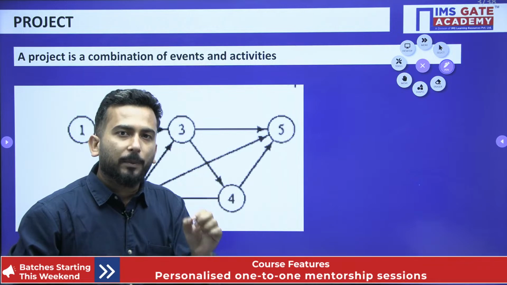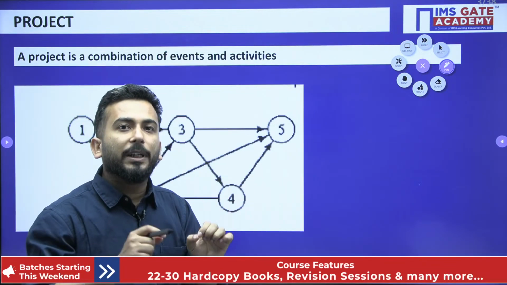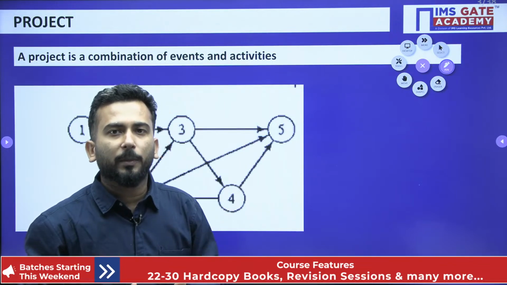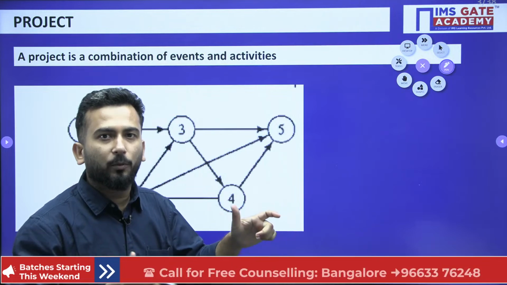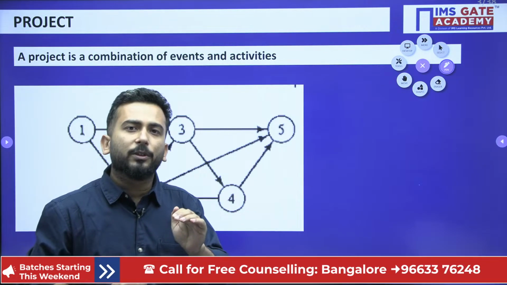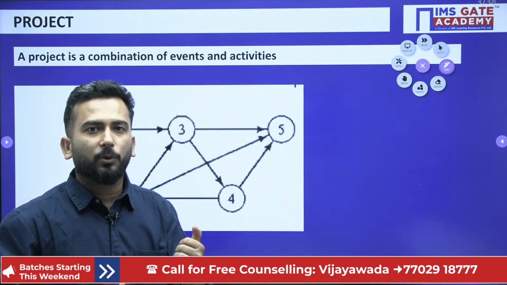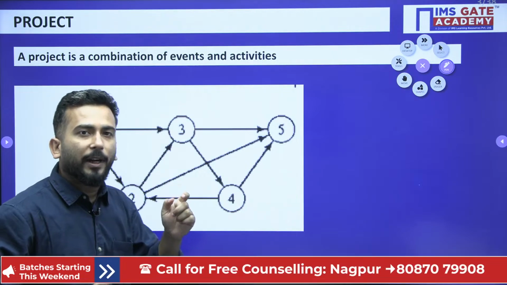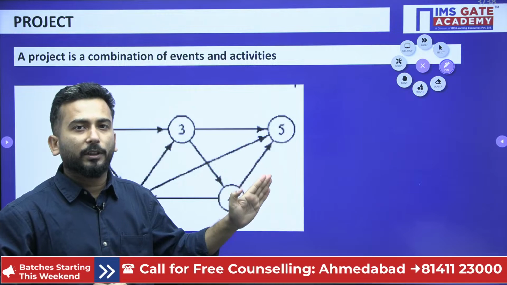My dear friends, your purpose is to find out what is the minimum time. Everyone wants to do a project in as less time as possible, right? Why? Because resources are very much limited. You don't have unlimited resources available with you. So you want to find what is the minimum time in which you can complete this entire project, right?